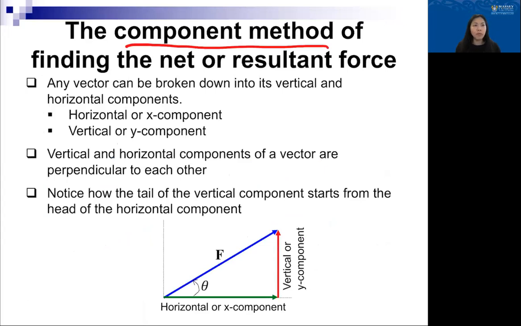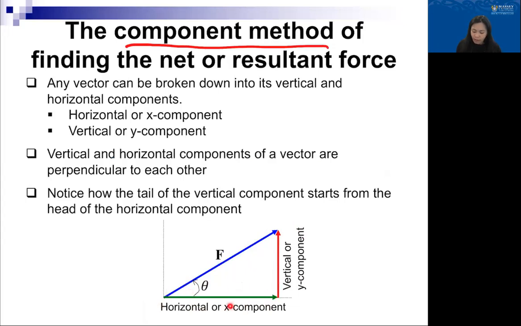It's called the component method because every diagonal force will have a horizontal and a vertical component. In this method, we will try to get the horizontal component and the vertical component of the diagonal force. Why?